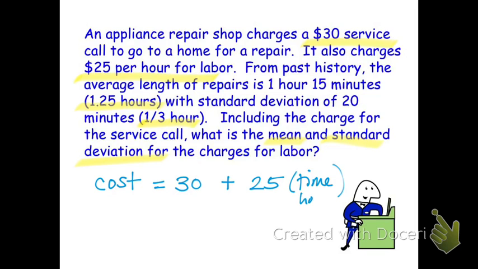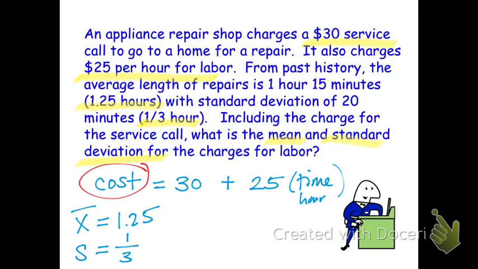It doesn't matter, you could even use X and Y. No one's going to look at the work. But my average time is 1.25, and my standard deviation time is 1/3. So I want to take these numbers and find the average cost and the standard deviation cost.